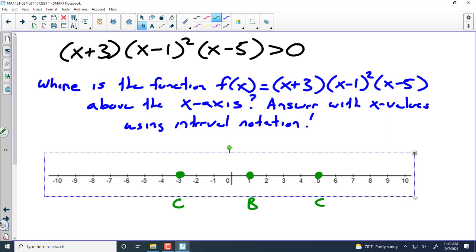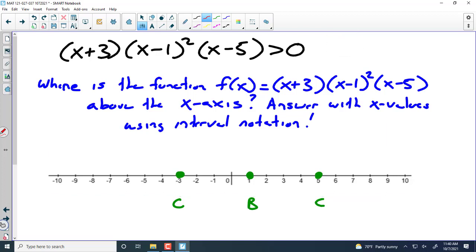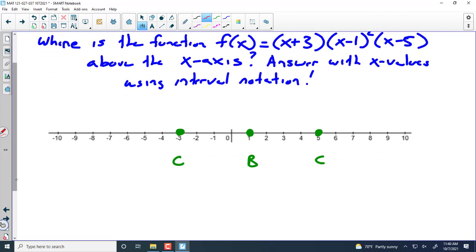Now, let me think about this. It is a 4th degree with a positive leading coefficient. A 4th degree either goes up on both sides or down on both sides.